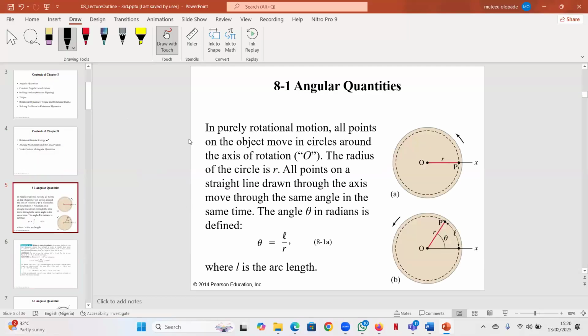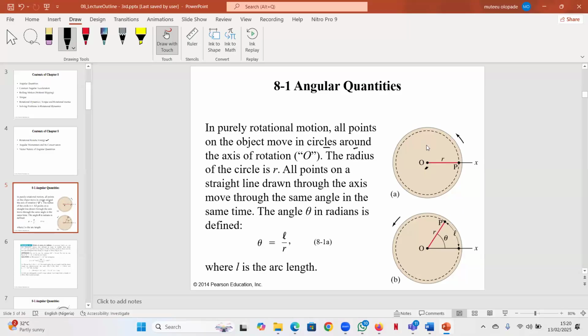Now, we'll begin. In purely rotational motion, all points on the object move in circles around the axis of rotation. This point O is the axis of rotation.